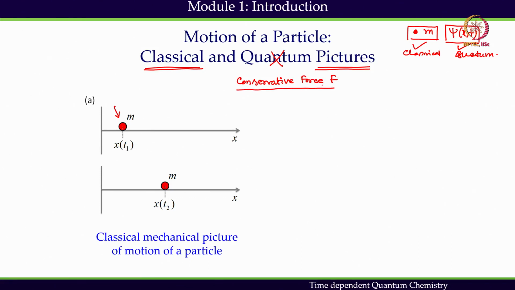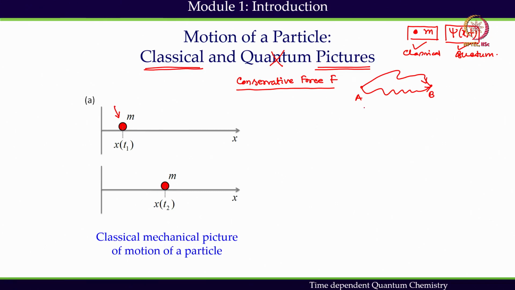In classical mechanics, a conservative force is defined as the force for which the work done in moving a particle between 2 points is independent of the path taken between the 2 points. I have, let's say, 2 points A and B. If I take the path like this, and if I take the path like this, these two paths are different, but still the work done would be the same.